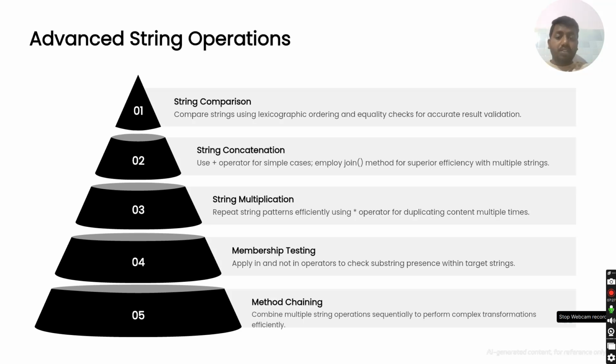String multiplication is used to repeat strings efficiently, using the star operator for duplicating content multiple times. Membership testing applies the in and not in operators to check whether a substring is present in the target string. Method chaining is used to combine multiple string operations sequentially to perform complex transformations efficiently.